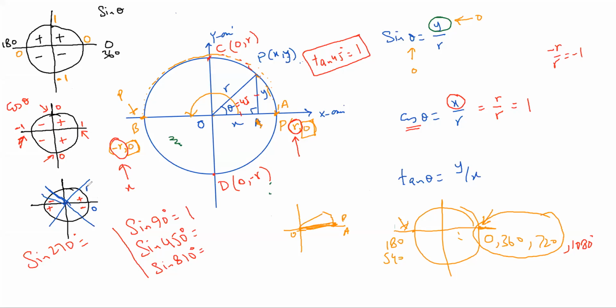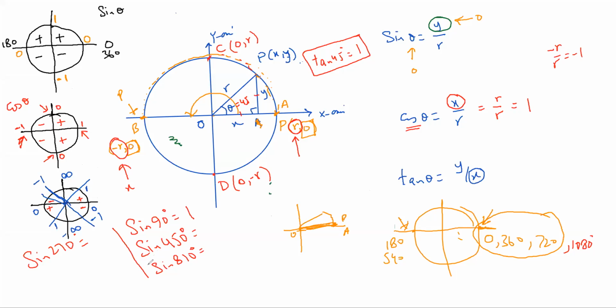Tan is 1 here because both y and x are equal. Tan is infinity over here because when x becomes 0, anything over 0 is infinity. That is why tan 90 is infinity. It is -1 here, 0 here, 1 here, infinity over here, and -1. You can even write it as minus infinity or infinity, whatever you want.